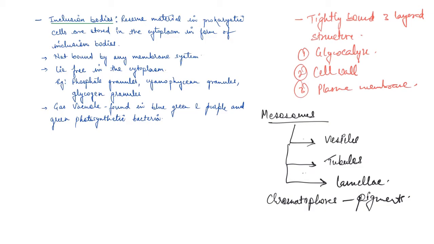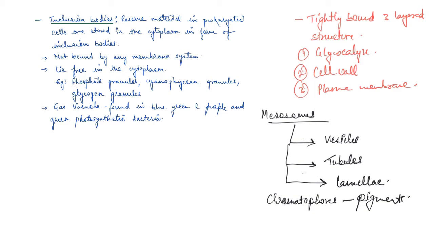Remember guys, in the last video we studied that prokaryotic cells don't have membrane-bound organelles. So they are not bound by any membrane and they lie free in the cytoplasm. For example, you have phosphate granules, cyanophycean granules, or glycogen granules, present freely in the cytoplasm.